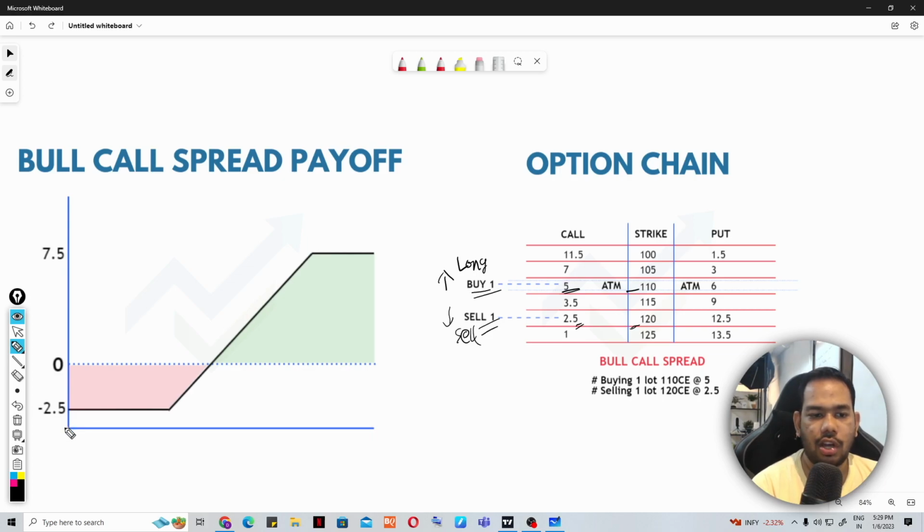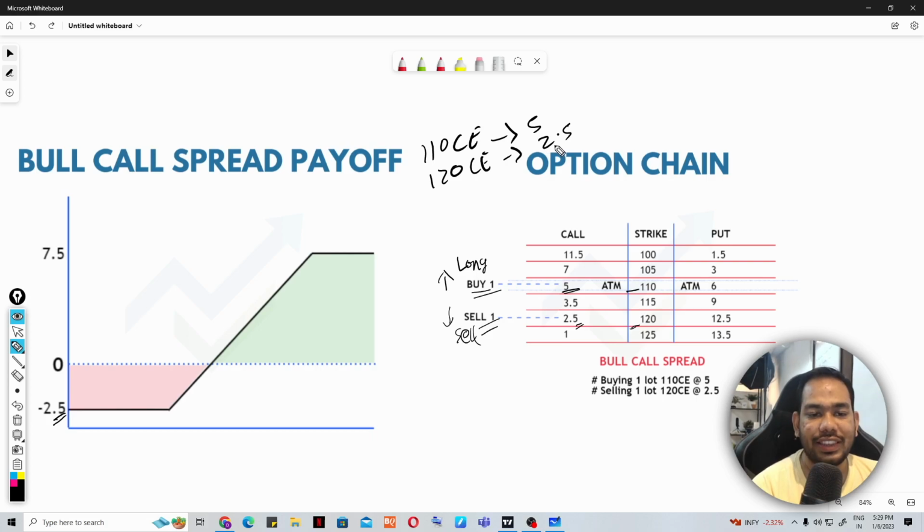So how is this calculated? We are buying the 1110 call option, which costs us 5 points, or 5 rupees, and we are selling the 120 call option at 2.5.